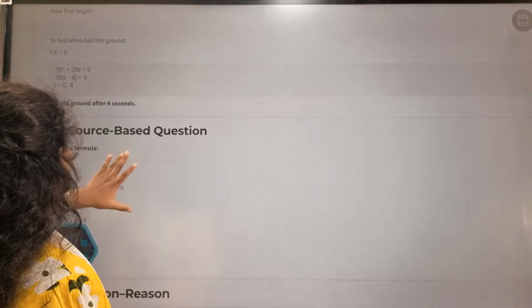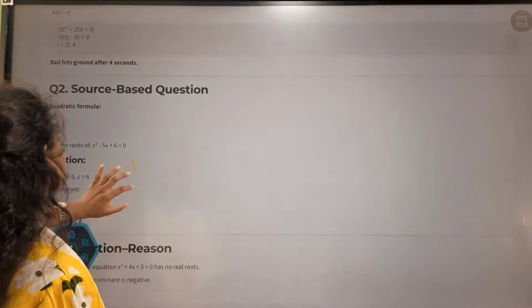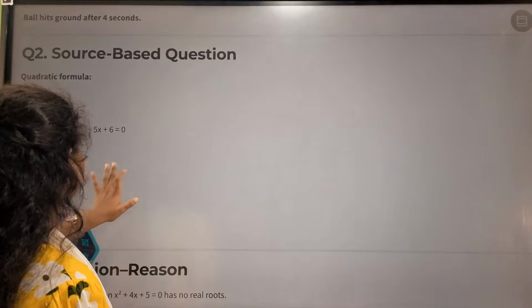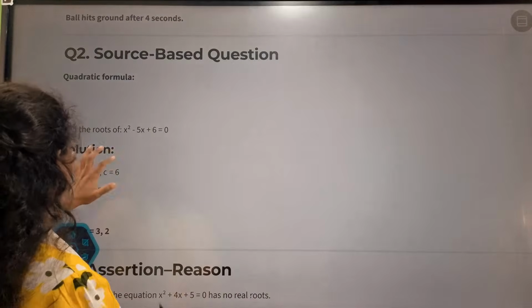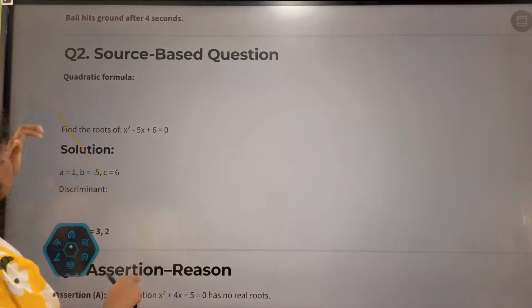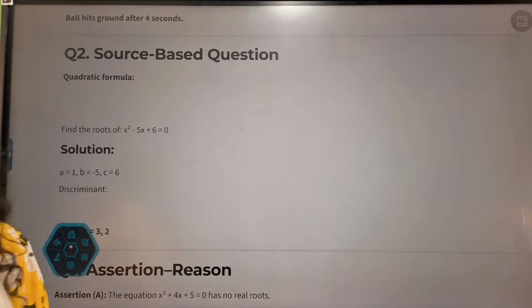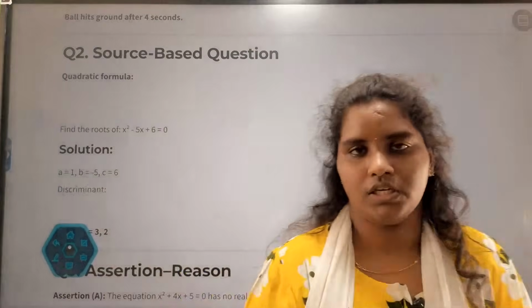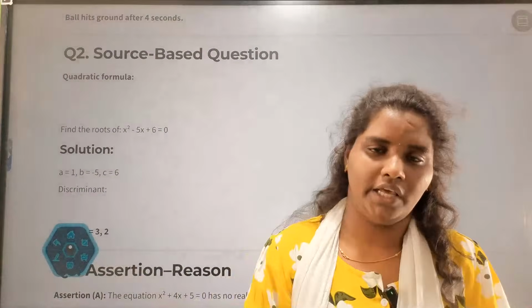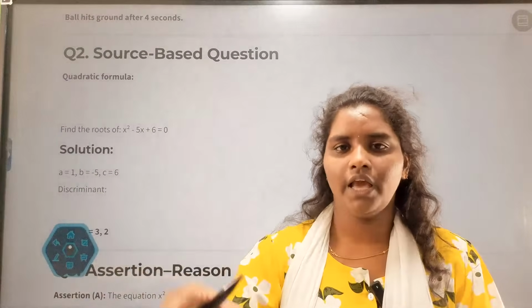So it's a case-based question. Case-based question means you have to find the roots. Here we have a quadratic equation. If they give a quadratic equation, we have to find the x value.